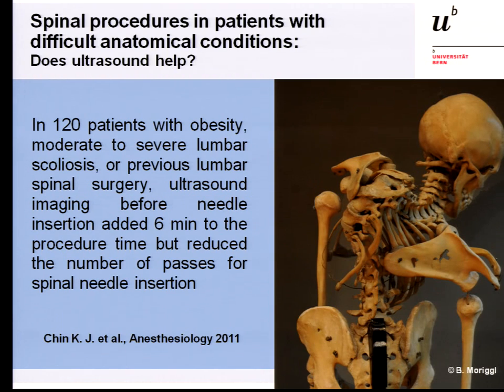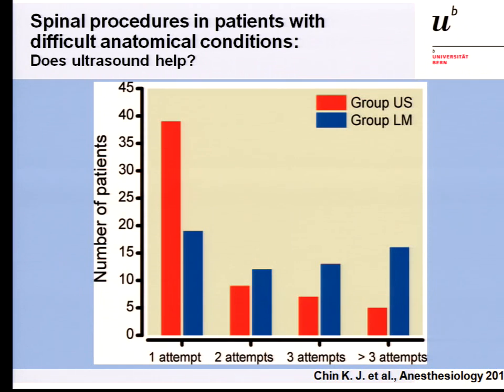What they found is that they needed 6 minutes more time, but they had a better success rate. The number of passes for spinal needle insertion in the ultrasound group was lower. This is the graphic in the paper, and you see in these special patients, obese or scoliosis or after back surgery, the red group is the ultrasound group.